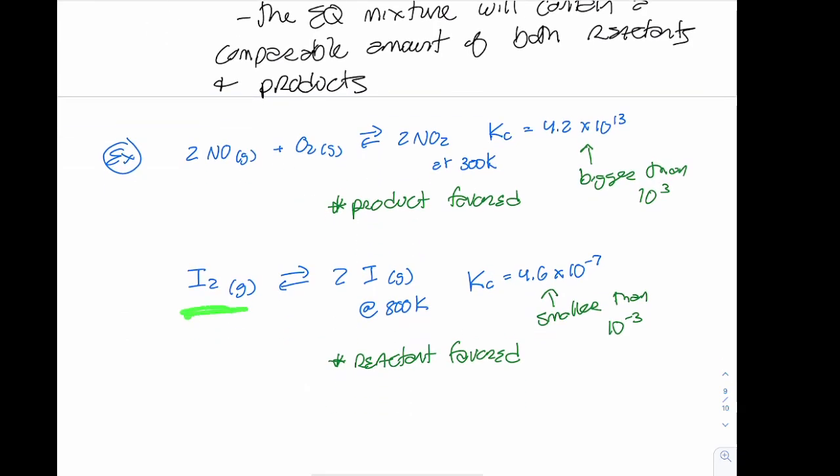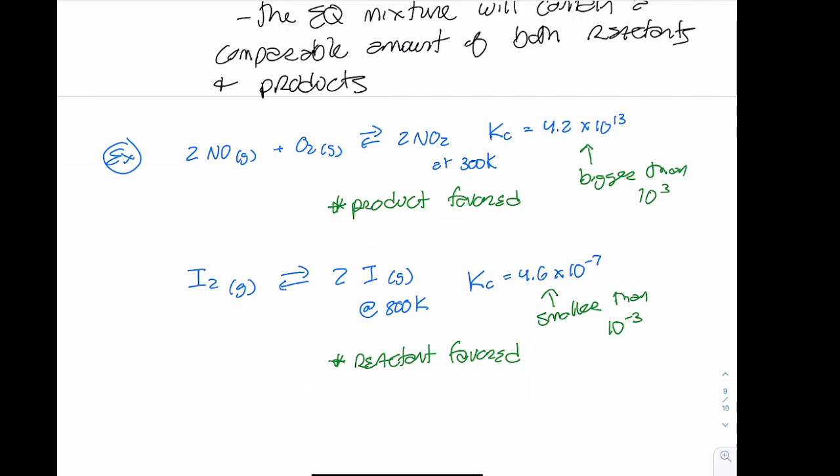This one, because it's mostly reactants, a very small amount of this occurs. It's mostly this and very little bit of iodine by itself instead of its diatomic form. So it's not occurring very well. So I would say that this reaction occurs to a large extent. This reaction occurs only to a small extent.